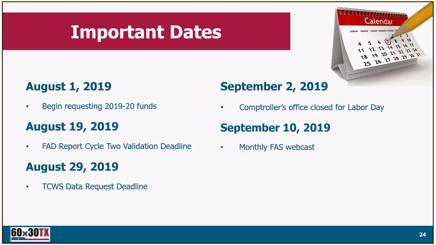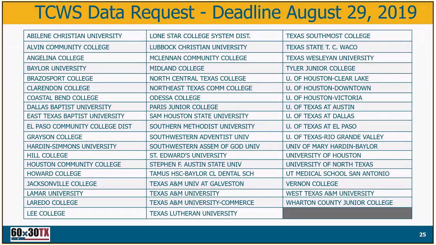August 29th. There is a Texas College Work-Study data request deadline coming up. There is a list of schools that went out in a notification requesting data. Here's the list of schools. Again, this is a little outdated at this point, so if you've submitted this, you can disregard if you're listening to this recording. But if you have not and you're not aware of this data request, it was sent out and it's posted to our website, and I'm going to pull that up.